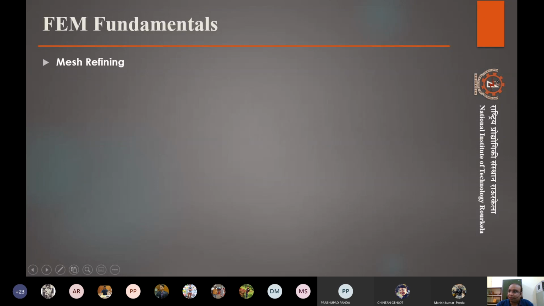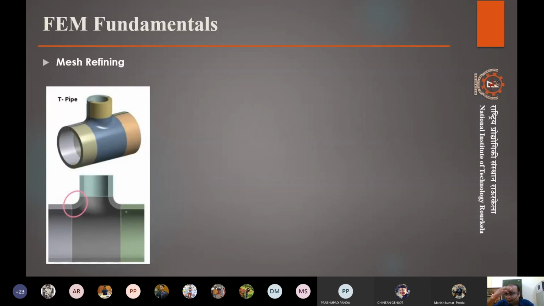For example, I got this example from the internet, where they were simulating a T pipe, the T junction, and wanted to mesh the cross section of the bent pipe.